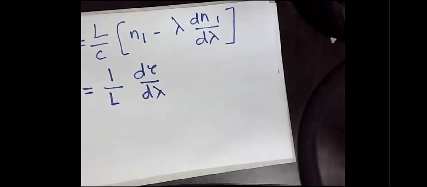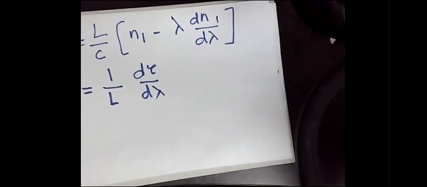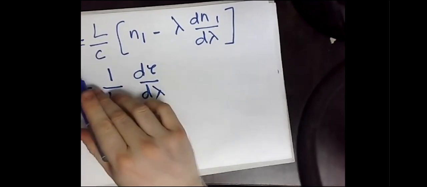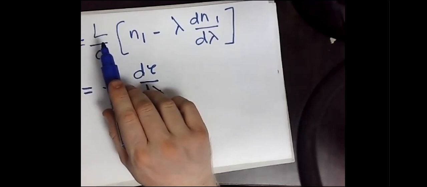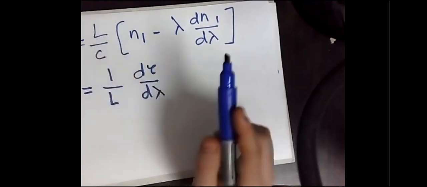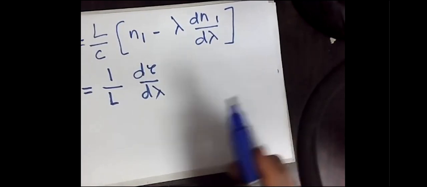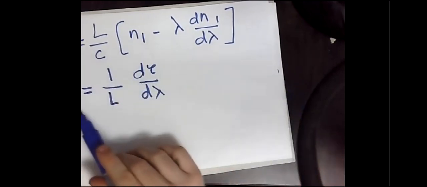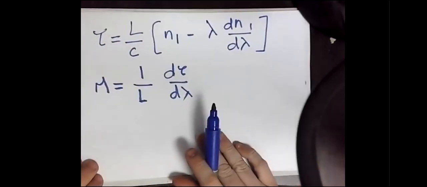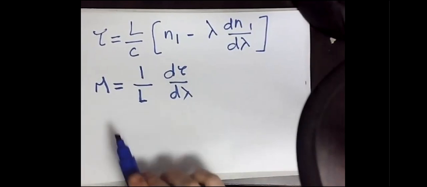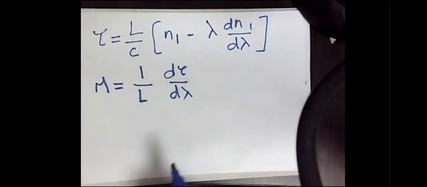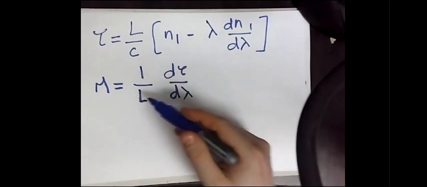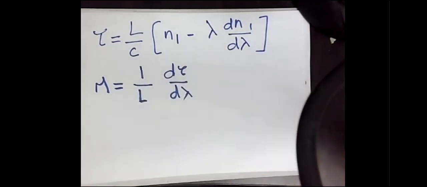So this is a normalized term, and actually this is one of the advantages of M, by the way, because as you can see, tau, or the time taken for propagation, directly depends on the length of the optical fiber, which is of course a variable parameter from one optical fiber to another. However, this M parameter is a normalized parameter. So this M is a data sheet parameter for an optical fiber, because you can normalize over L, and then this is a standard for any optical fiber.